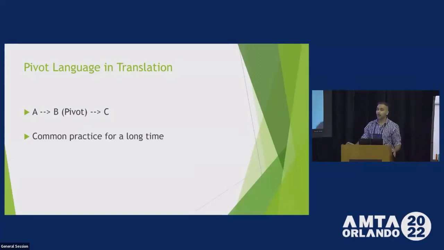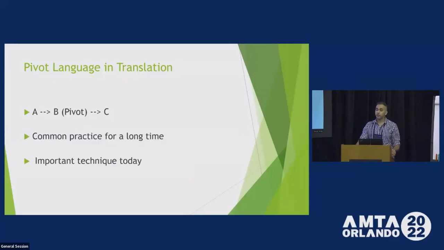And this has been a common practice since all time. For instance, if we look at the Holy Scripture, the Bible has been translated into many languages through many pivot languages, maybe most famously Latin, Ancient Greek, and many more.